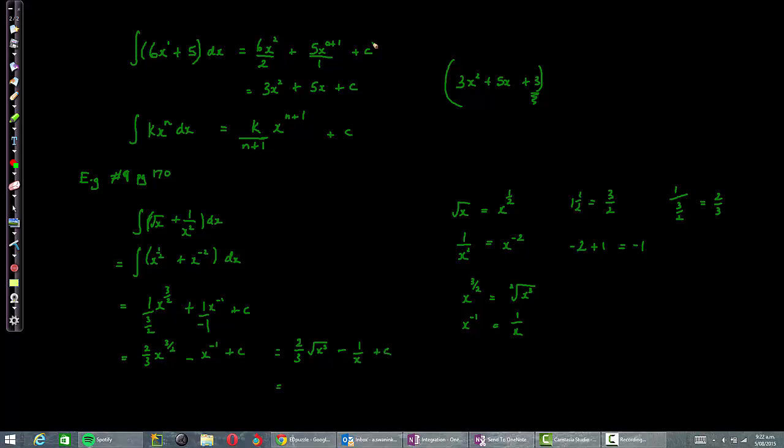And maybe this might even be written as 2 square root of x cubed over 3. Now, which answer would be acceptable in the NCEA exam? This one here, or this here, or this here. Any of those three would be fine.